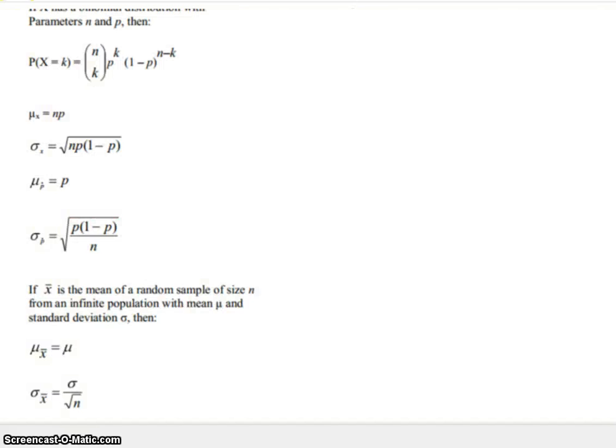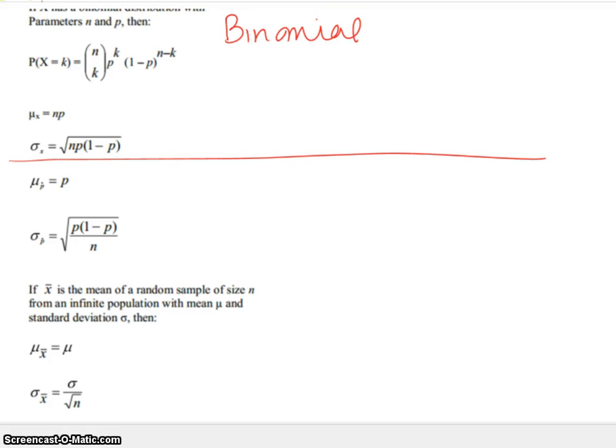Okay, so let's look at where this is on our pink sheet. Here's our pink sheet. Okay, and these first ones are what we used when we did binomial. So in chapter 8, when we did the binomial distribution, we said that the mean was n times p.